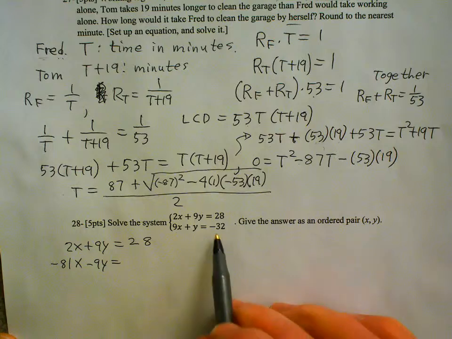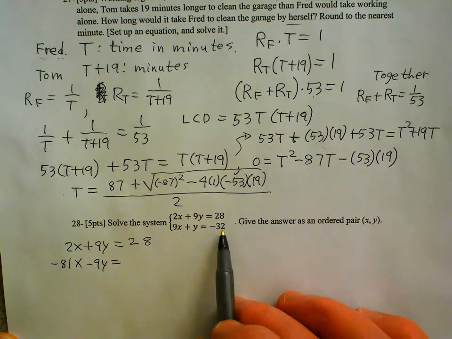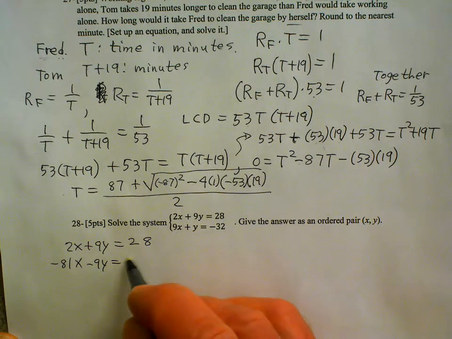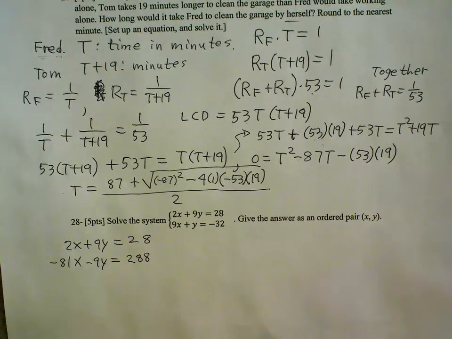And then negative 9 times negative 32 is going to be a positive number, and it's going to be positive 288. So you can verify if my arithmetic is correct. Negative 9 times negative 32, I get positive 288.